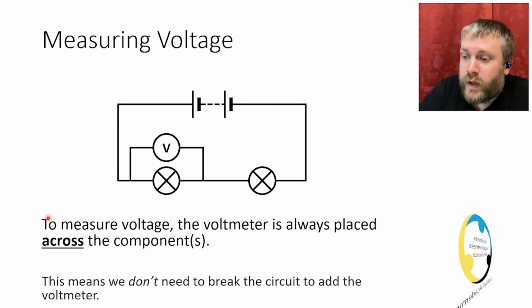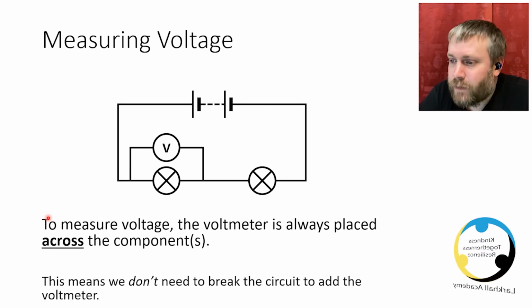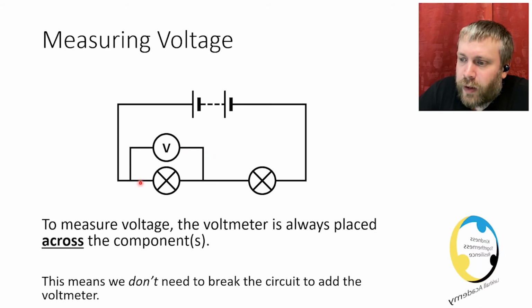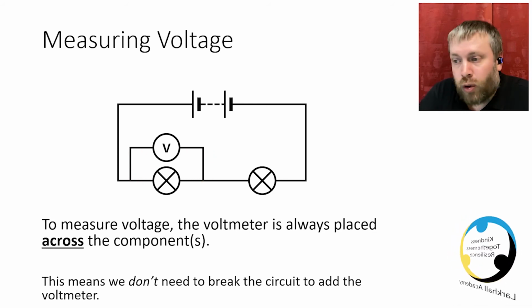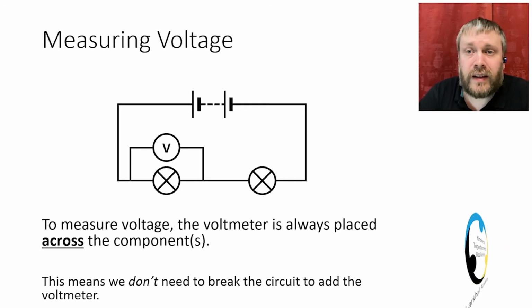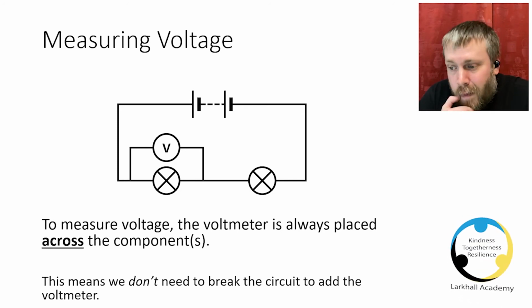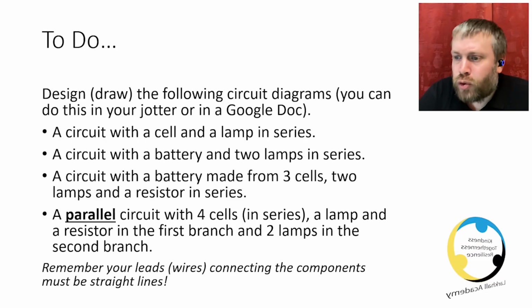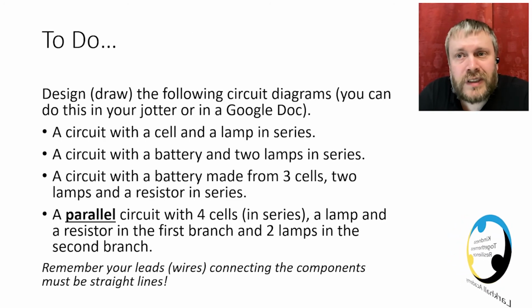The good thing about this is we do not need to break this circuit. All you need to do is plug in your lead into either side of your lamp, and it will tell you your voltage, or of course either side of your battery, depending on which component you are measuring the voltage on. Okay, so that's all I'm going to go over today.